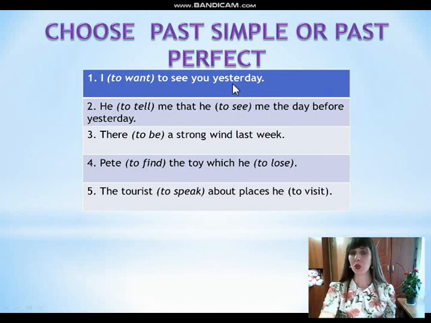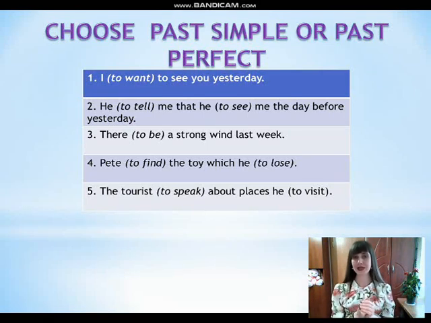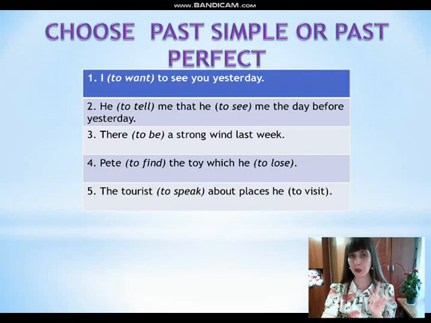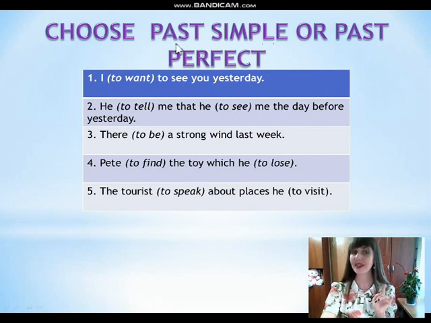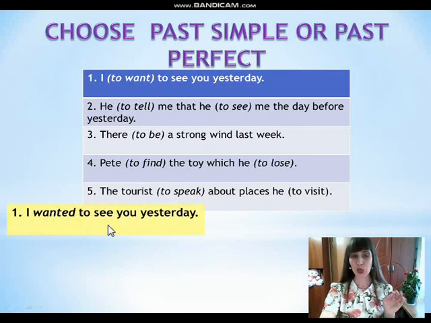The word yesterday is used to show completed actions in the past. And the completed action is for which grammar tense? The completed action is for the past simple tense. And we have, I wanted to see you yesterday. Wanted is a regular verb, okay?